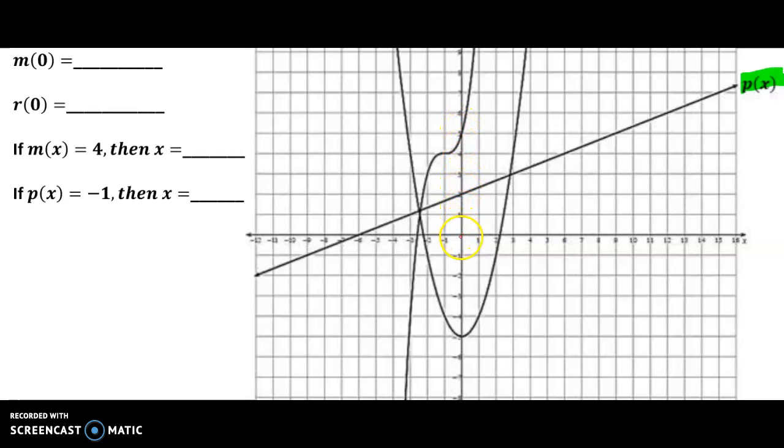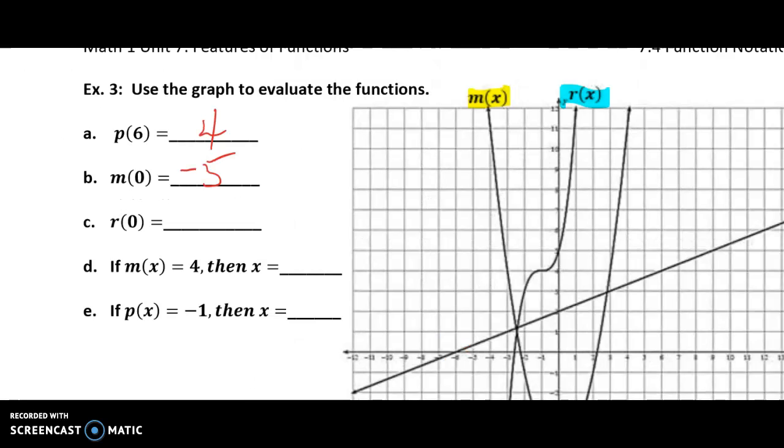What I need to do is move down, because this is where that m of x graph is, right here. Here is the point that we're interested in, because we are on the graph and also on the y-axis. We're looking at that y value, and that y value there is -5. I know it's hard to read, but you count the boxes. That point is at -5, so that is our output value. M of 0 equals -5.